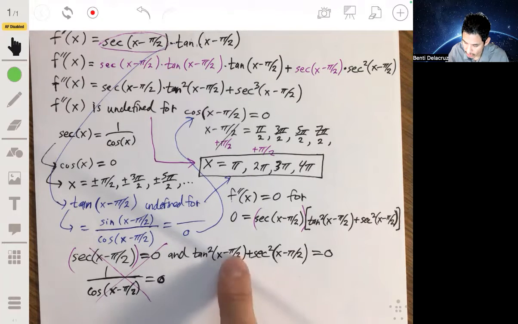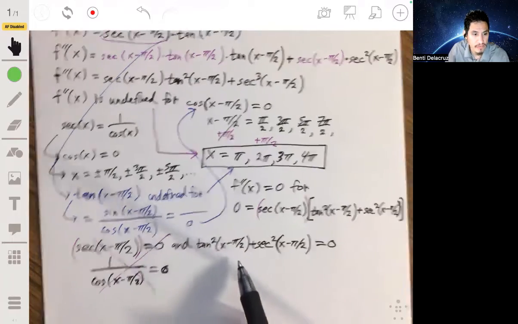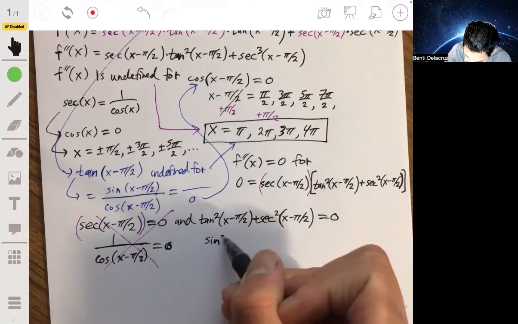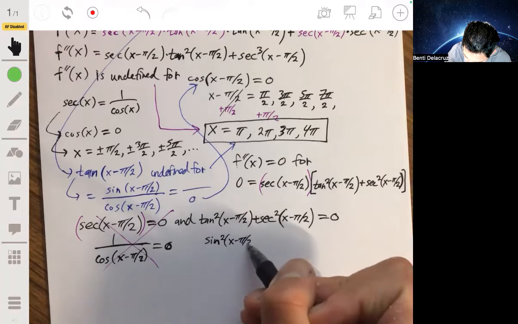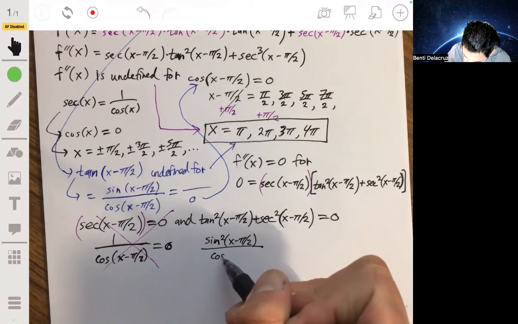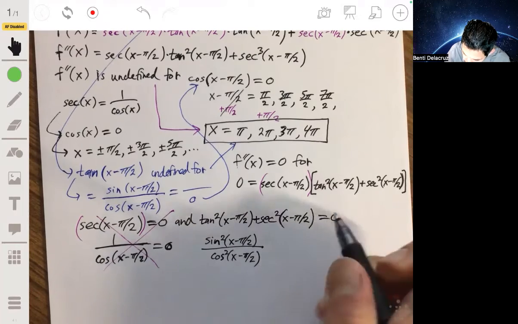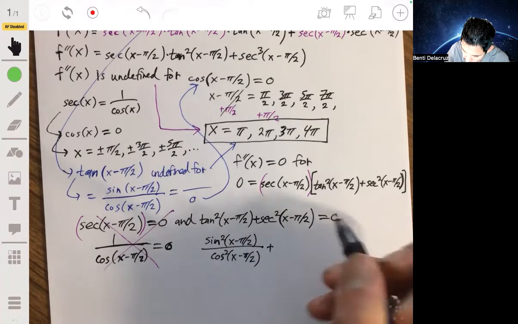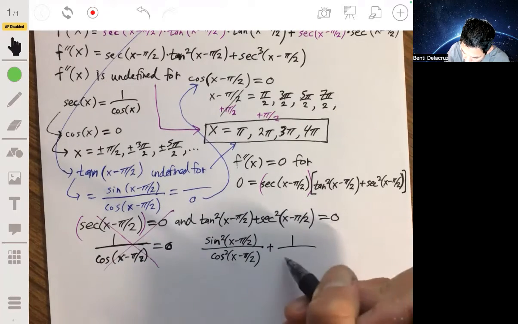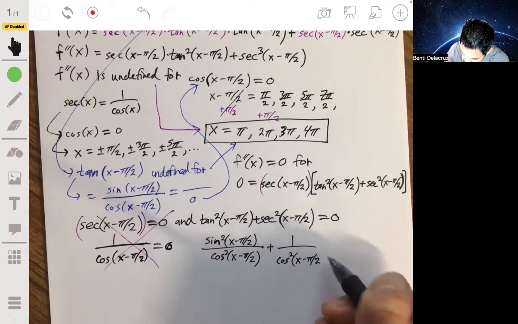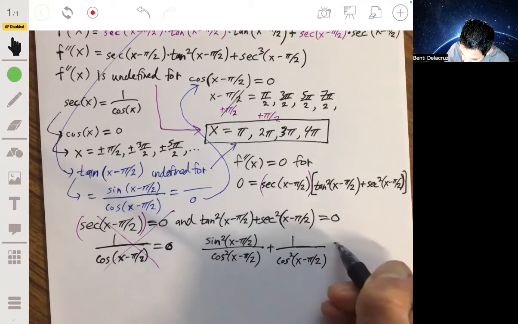Remember, the tangent function is equal to the sine function over the cosine function. So you basically have the sine squared of x minus pi over 2 over the cosine squared of x minus pi over 2, plus 1 over the cosine squared of x minus pi over 2, that whole thing being equal to 0.